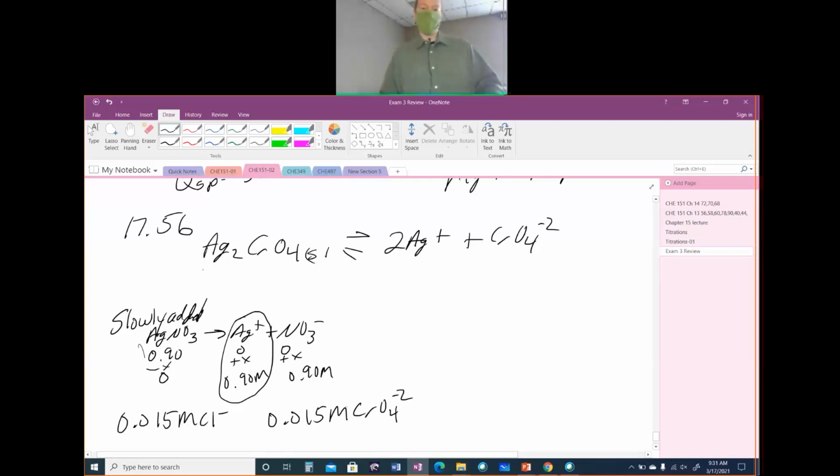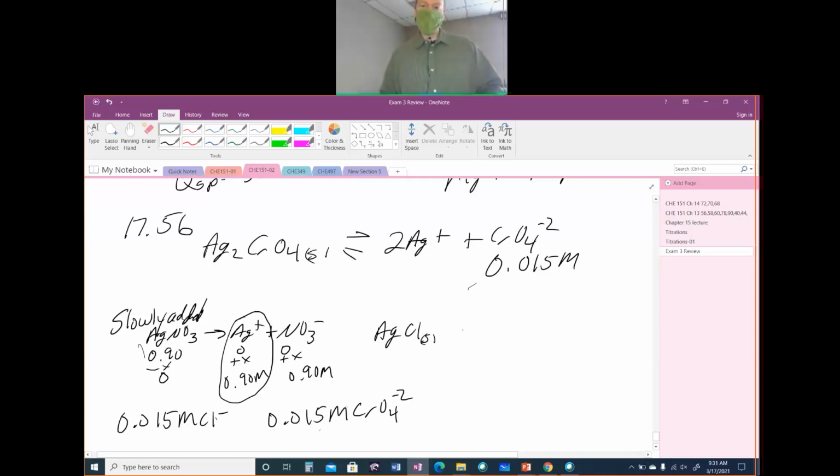We have the silver chromate reaction, and we know our chromate concentration that we're starting with is 0.015 molar. We also know that silver will react with chloride to form AgCl. All halides are soluble except for silver, mercury, lead.